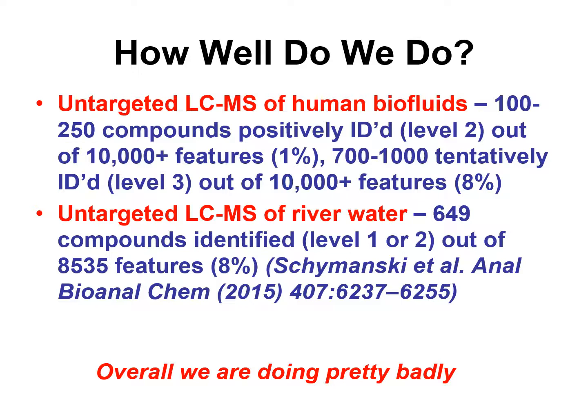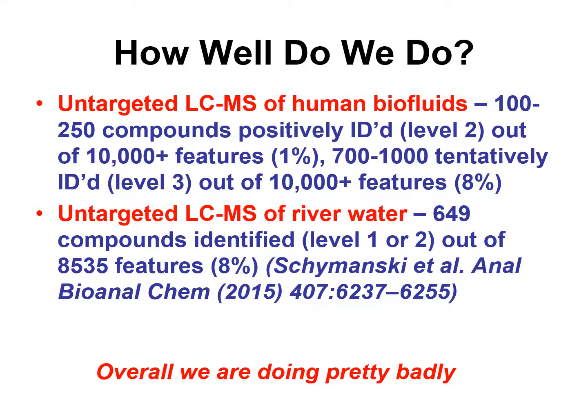When it comes to compound identification at level 2, when people are analyzing human biofluids with untargeted LCMS, typically the better labs are able to get between 150 and 250 compounds that reach level 2 out of perhaps 10,000 features they see. Using formula matching, typically they can get between 700 and 1,000 tentatively identified compounds, again, out of 10,000 features. So that corresponds to a very small fraction of the actual number of features seen.